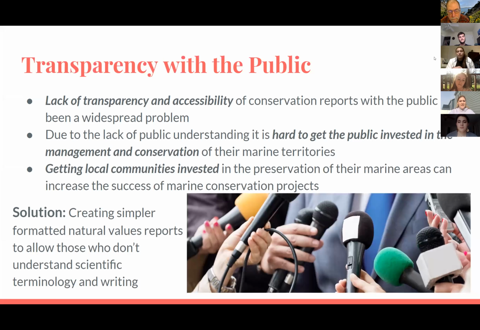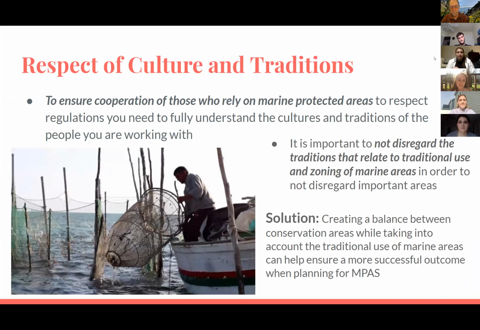So just taking those values and making them more accessible would be a really great solution to trying to include the public in this. Next slide. And then also an important thing is that you have to respect the culture and traditions.